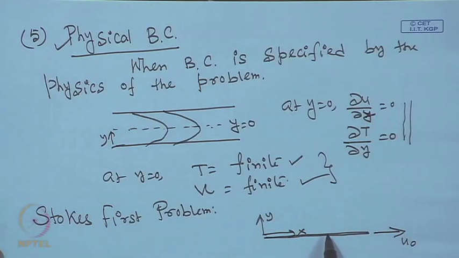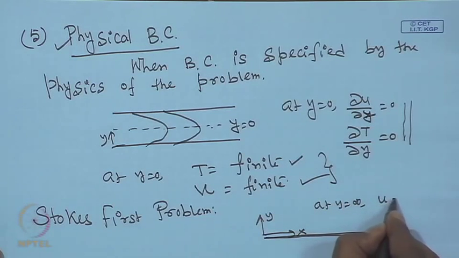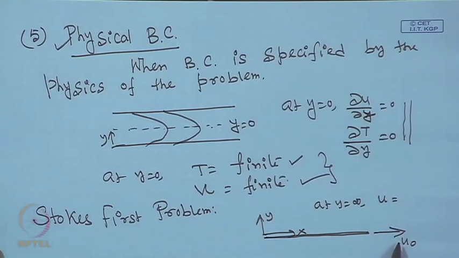Similarly, the velocity of the fluid particle will keep on diminishing because of the viscous effect as we go along y. So, beyond a particular point, let us say at y is equal to infinity, the fluid particle does not experience the finite velocity that is present at y is equal to 0.